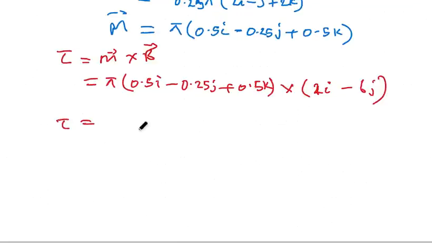Let's put it into a matrix. We have pi times the determinant of i, j, and k.